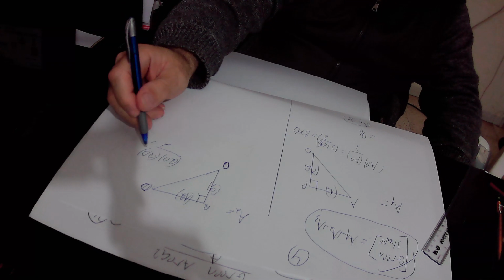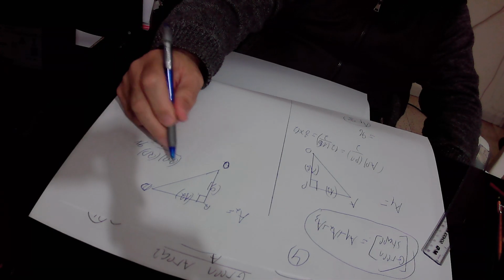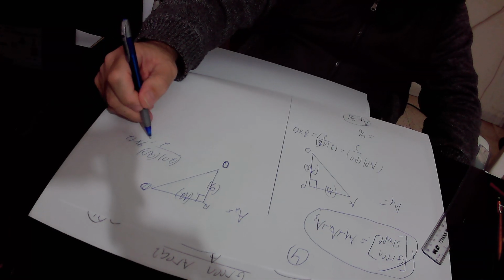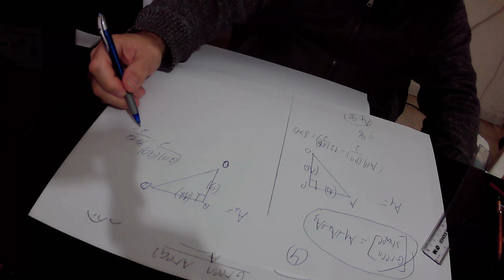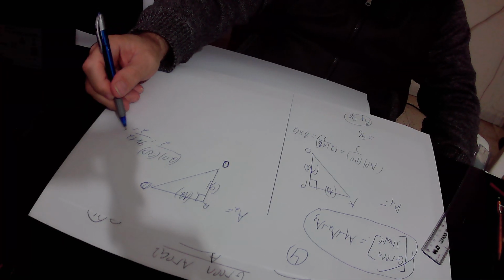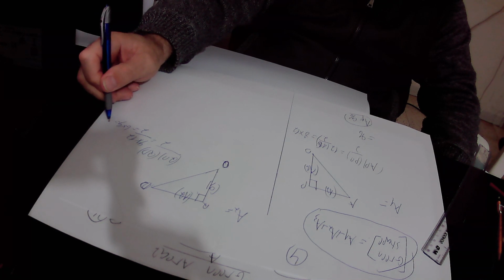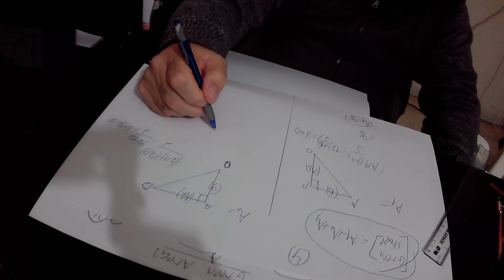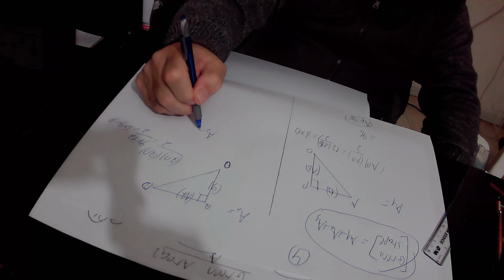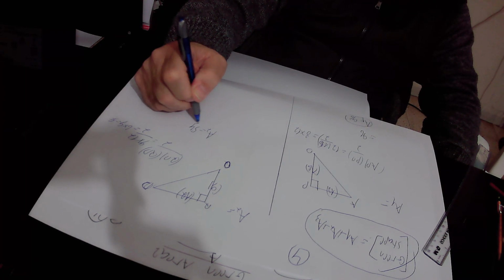QO is 9 times QD is 12 over 2. 12 over 2 is 6. So in total, this expression equals 6 times 9, that is actually 54. So we found out that A2 equals 54 square units.